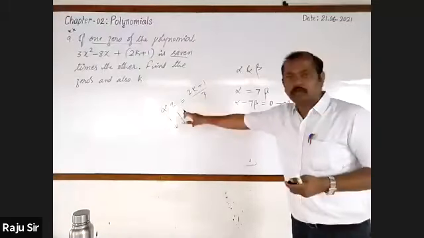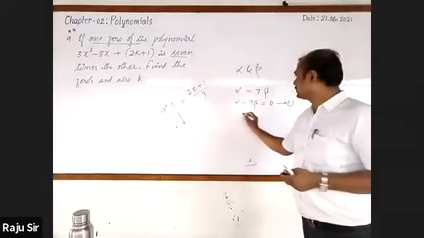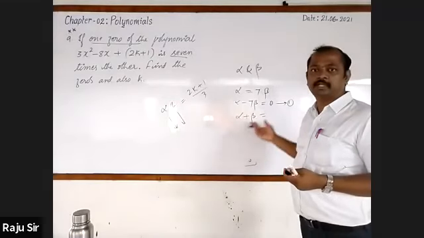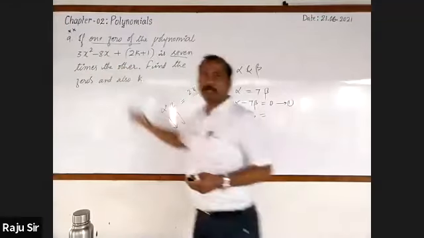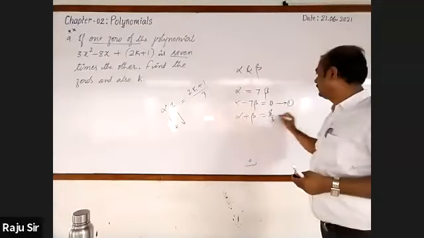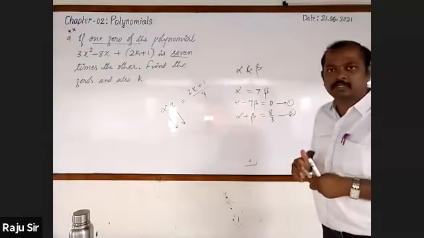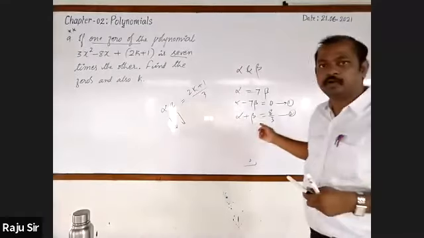To find alpha and beta, you can use alpha plus beta, which is minus b by a, minus of minus 8 by 3, that is plus 8 by 3. You may call it equation 2. Can we go for solving this? Did you understand?